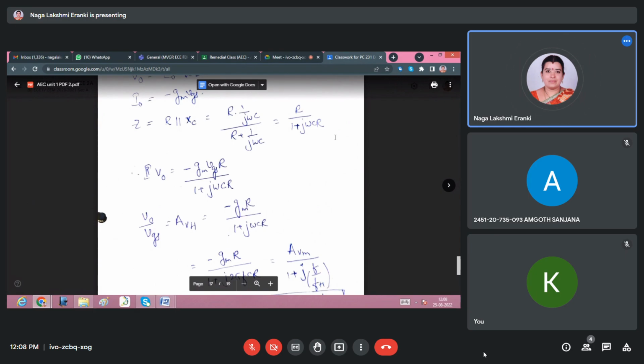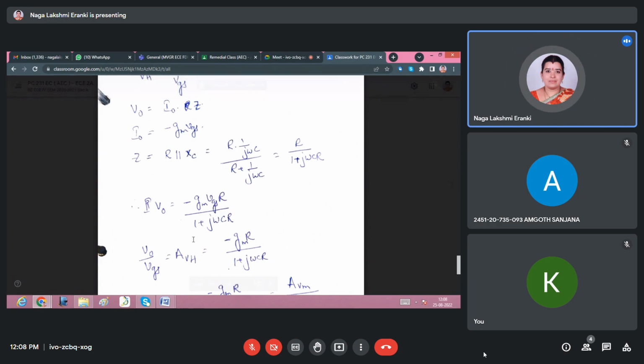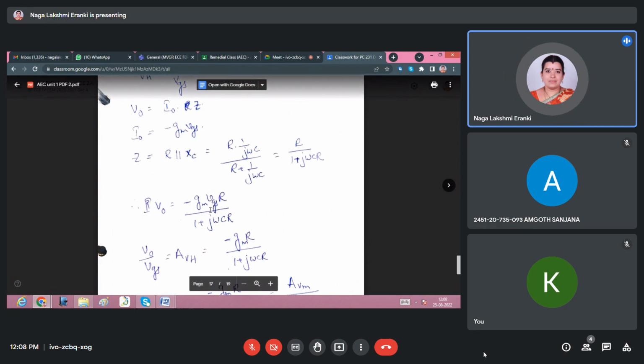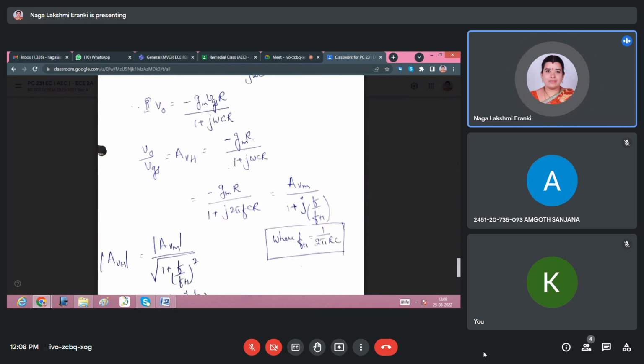This is Z. So V0 will be equal to I0 into Z, so V0 will be equal to minus gm VGS into R by 1 plus j omega CR. This is very simple. The high frequency model comes out simply because it is a parallel combination.